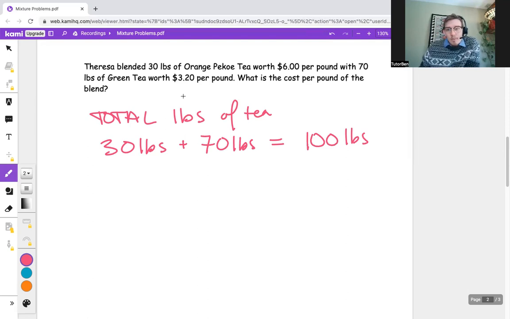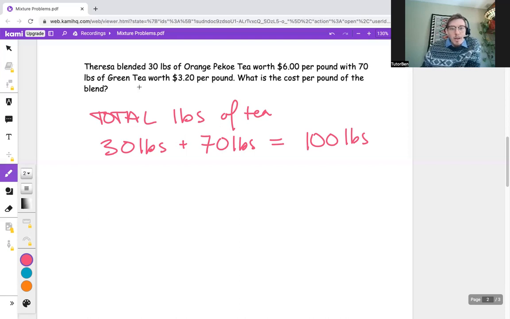Well, that means we're going to have to figure out the total cost of the tea. So to find out the price, we'll start with the 30 pounds. The orange tea is worth $6 per pound. You could make a table: 1 pound is worth 6, 2 pounds is worth 12, 3 pounds is worth 18.